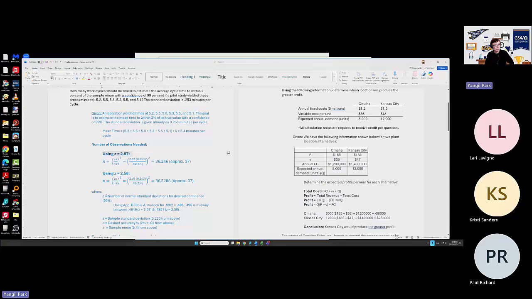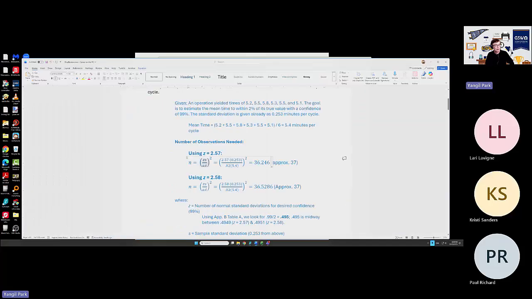The number of observations you need, or in this example the number of cycles, is found using this formula. We just plug in. Z comes from the normal table. S is the standard deviation, which is given.